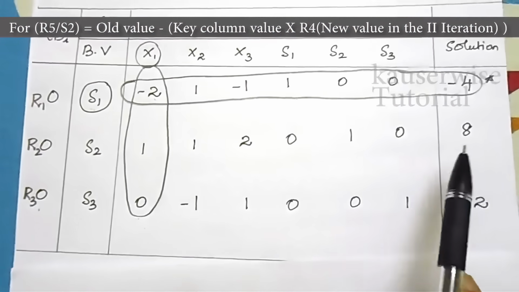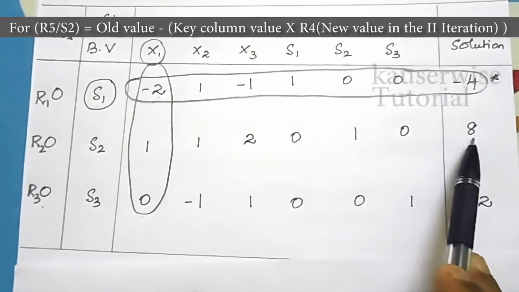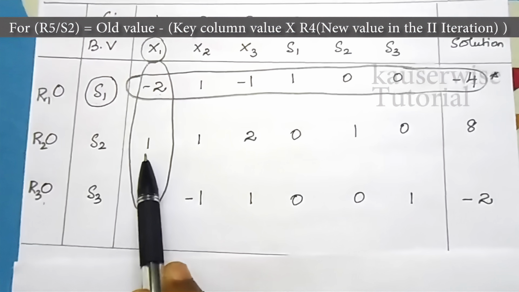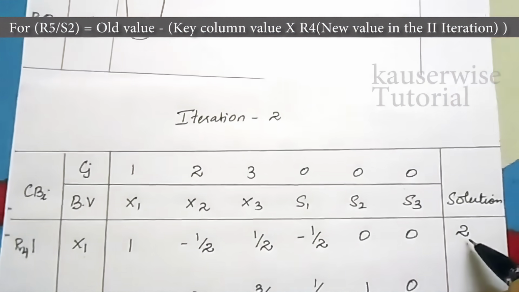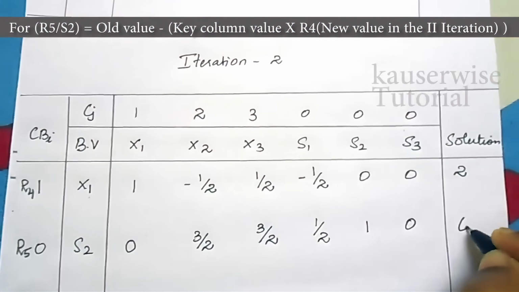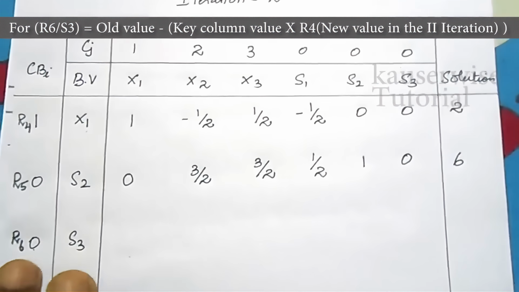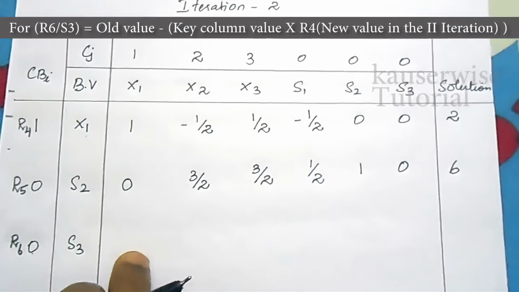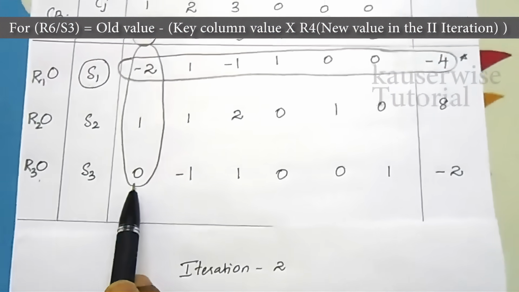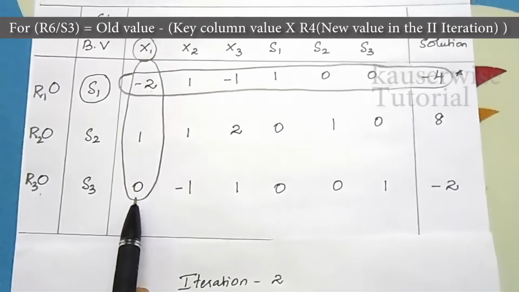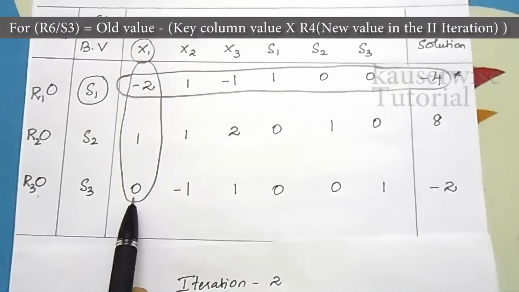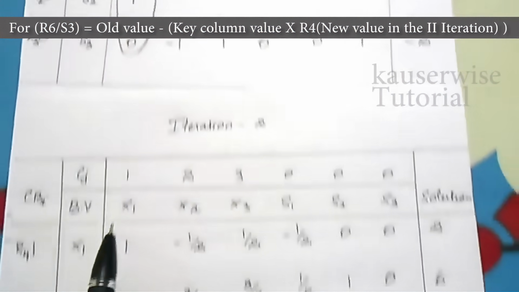For solution, the old value is 8 minus key column value is 1 into new value is 2. The answer is 6. For S3, that is row 6, we need to follow the same formula. That is, for the first value, old value is 0 minus corresponding key column value also 0 into new value is 1.